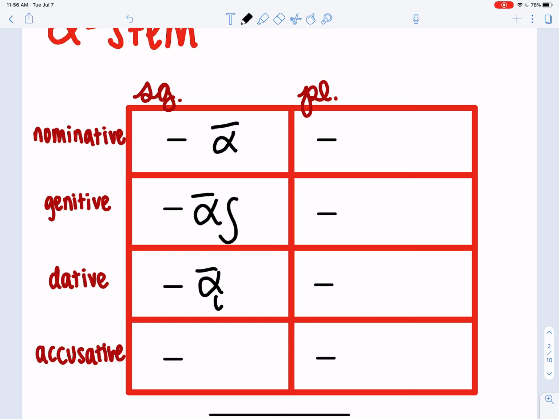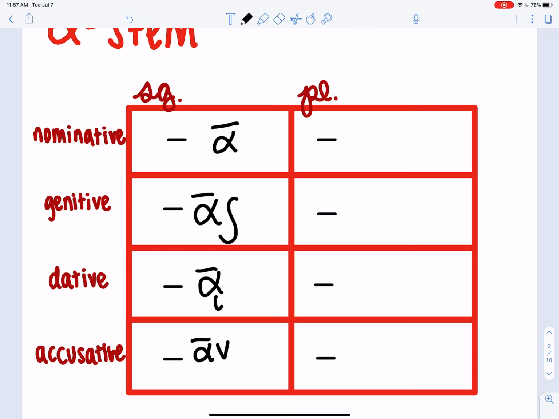And now accusative. Accusative singular is alpha nu, and the accusative is just translated as whatever the noun is, because think of it as a direct object in Latin, just the same way accusative would be translated in Latin. I'm going to wait to do vocative until we've done the plurals of nominative through accusative, so on to the plural.